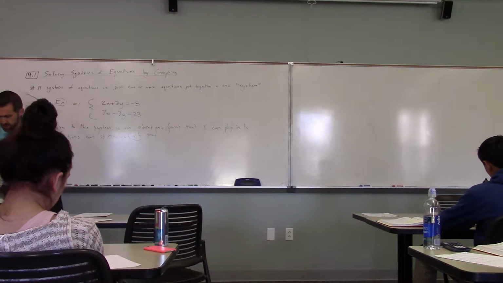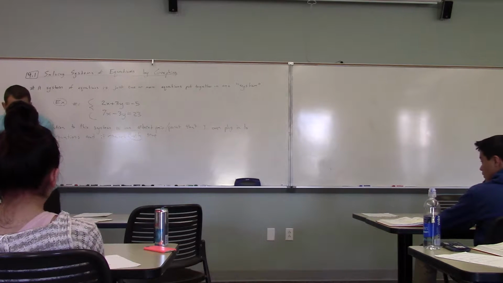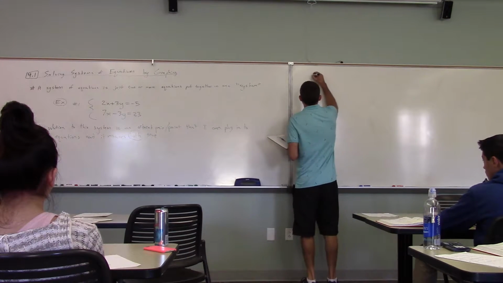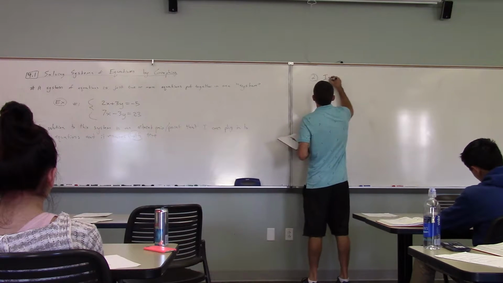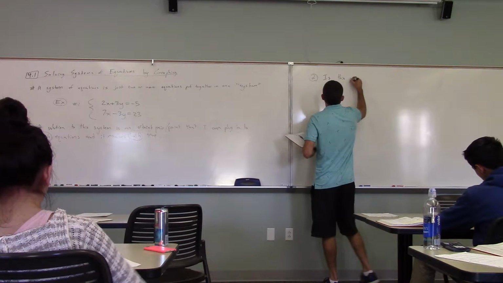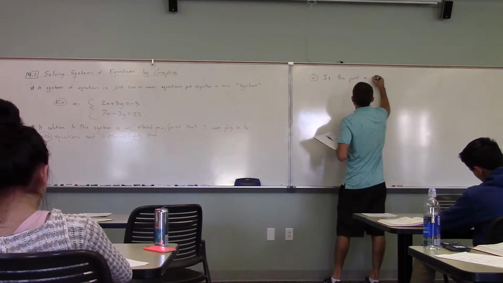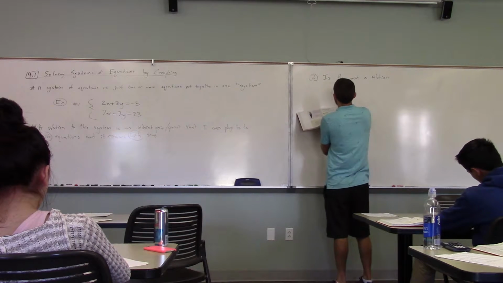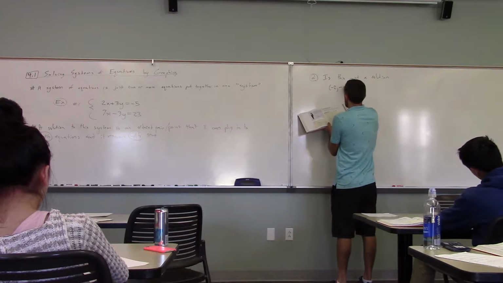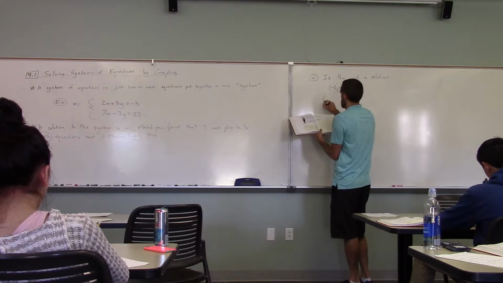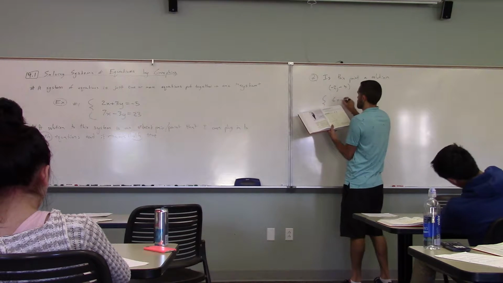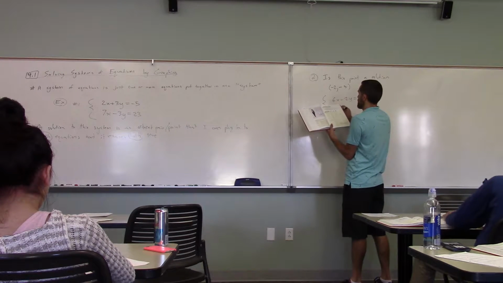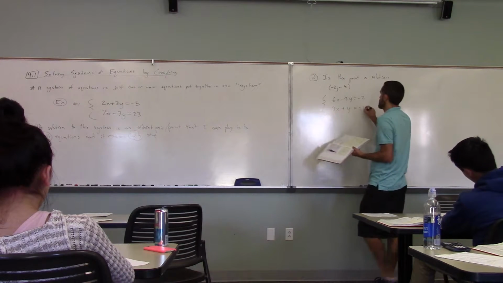So the first question on your homework is going to be, is it a solution? Okay, so number 2. Is this point a solution to the system of equations? It gives you the point -2, -5, and it gives you the system 6x minus 2y is -2, 3x plus y is -11.